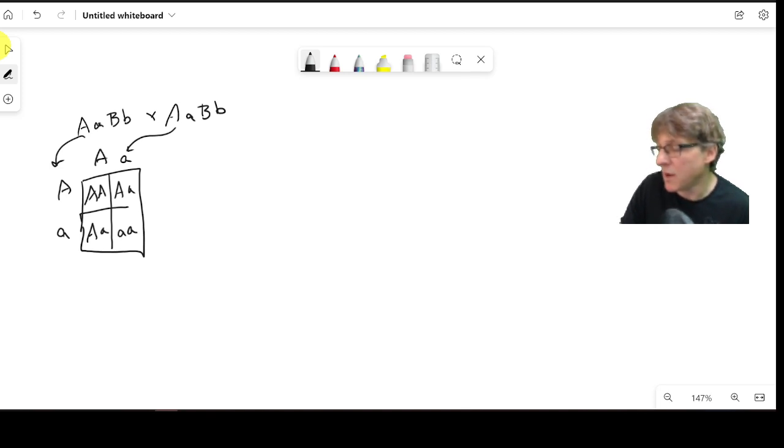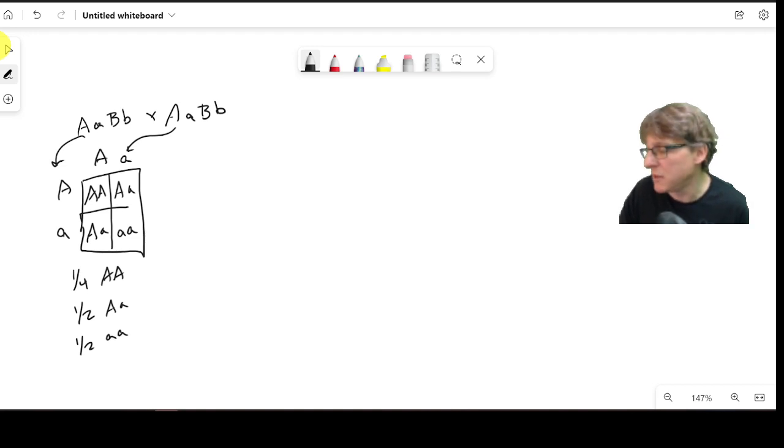So 1/4 of the children are going to have capital A capital A, 1/2 are going to have capital A lowercase a, and 1/4 are going to have lowercase a lowercase a, and then the same thing for the B gene.